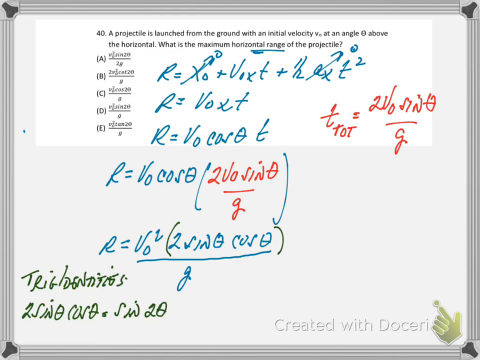So we can plug that in for this up here, and we're left with R equals v naught squared sine 2 theta all over g.